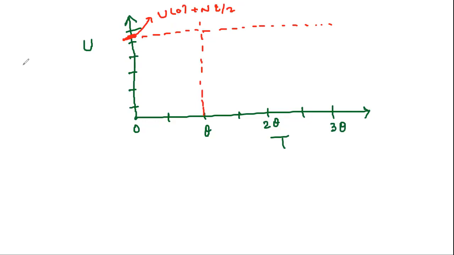I will use another color for the curve. So if it is the zero-point energy here, U of 0, then the curve will go like this.